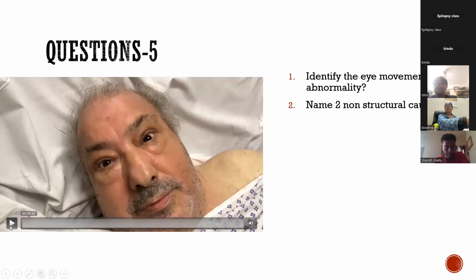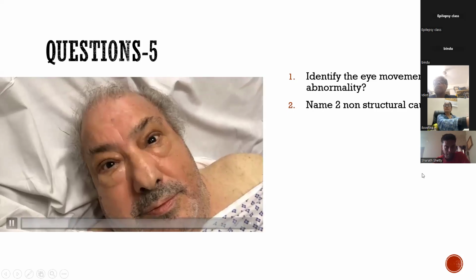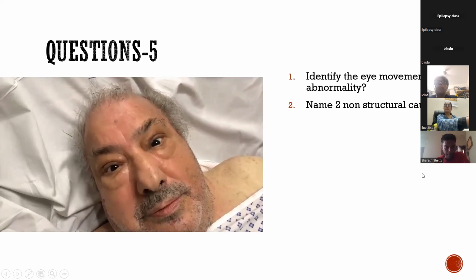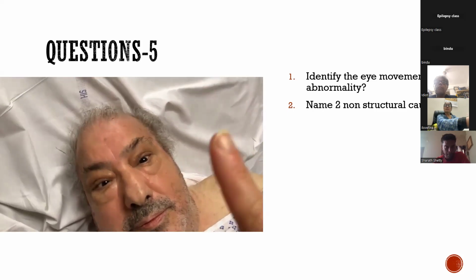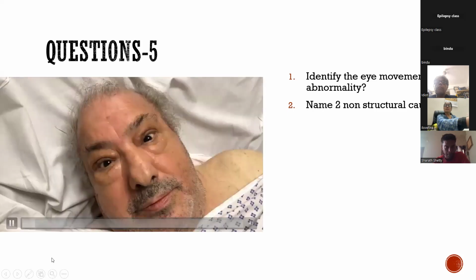Next question. Identify the eye movement abnormality. Name two non-structural causes that cause this abnormality.